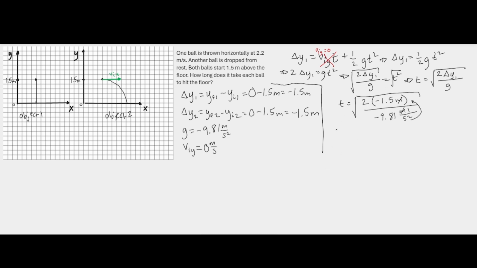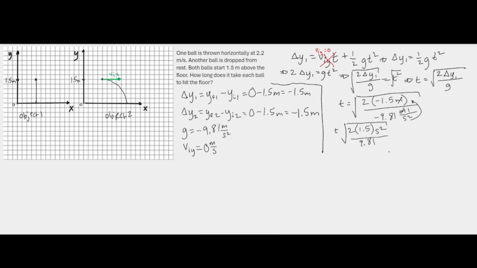So I'm going to rewrite this now. I have 2 times negative 1.5, divided by negative 9.81. A negative divided by a negative is a positive number, so I get rid of the negative signs: 2 times 1.5 seconds squared over 9.81. And now I can start doing the multiplication and the division.